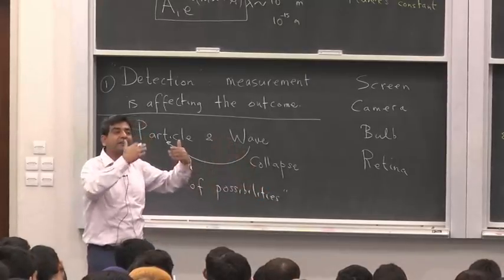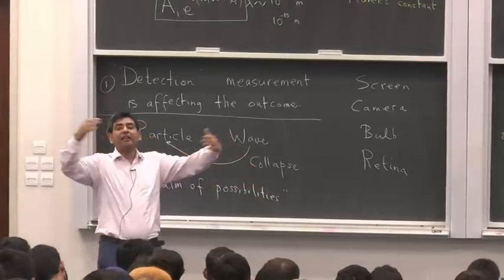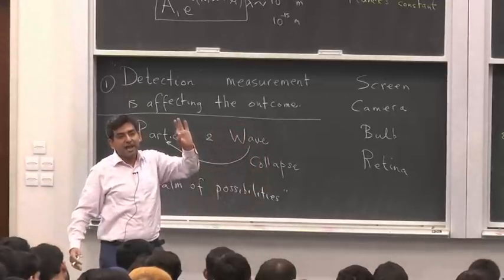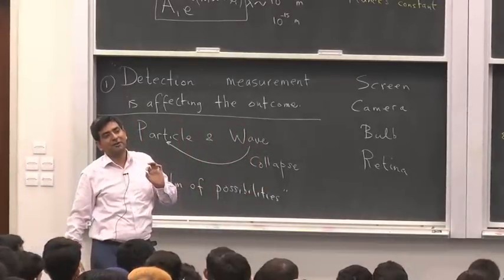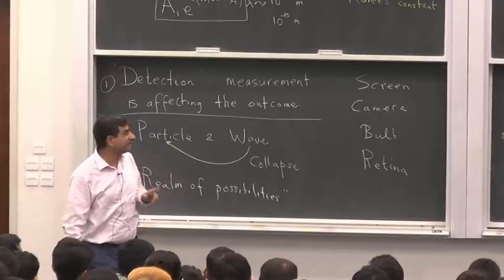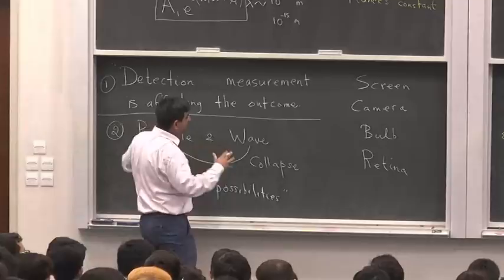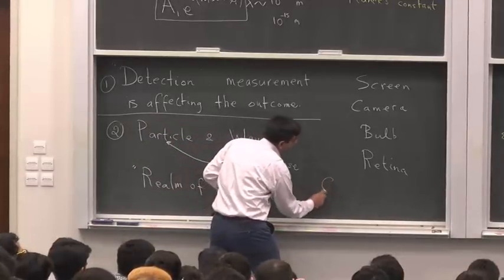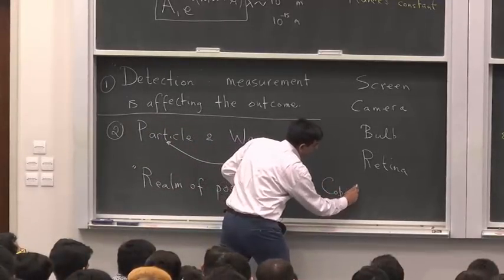And after the detection process, that realm of possibilities collapses onto one point. Okay? So this kind of reasoning is also called the Copenhagen interpretation.